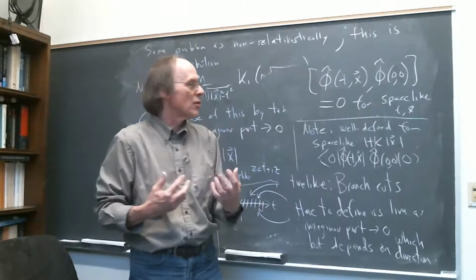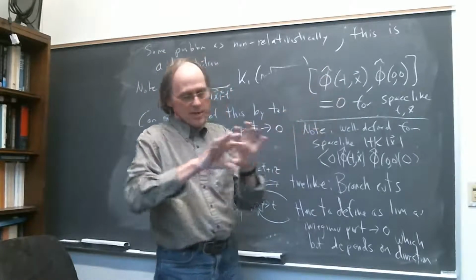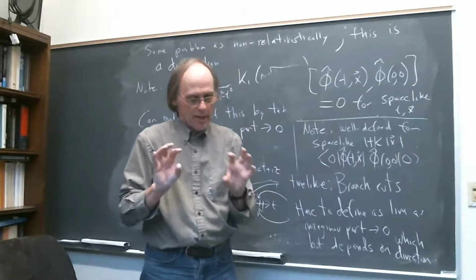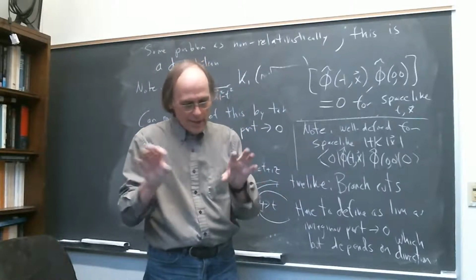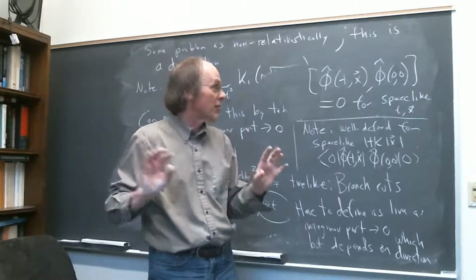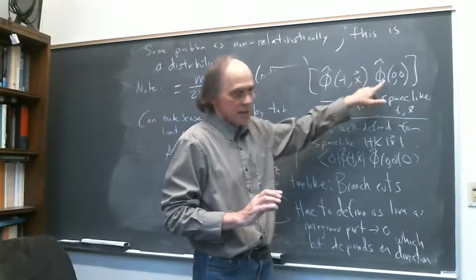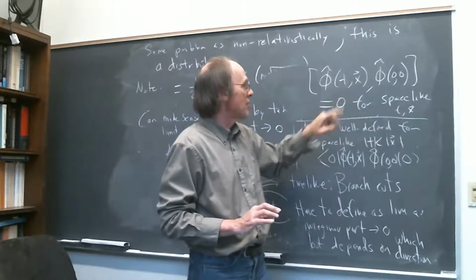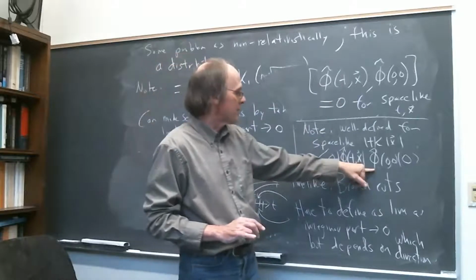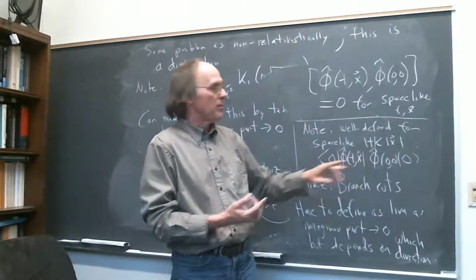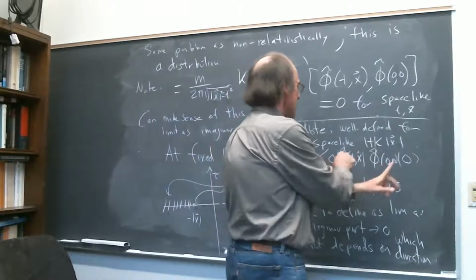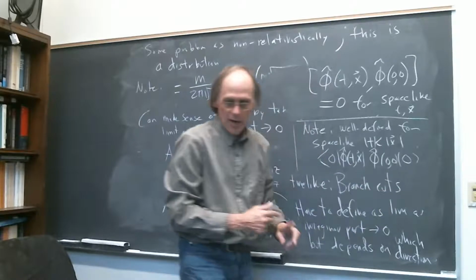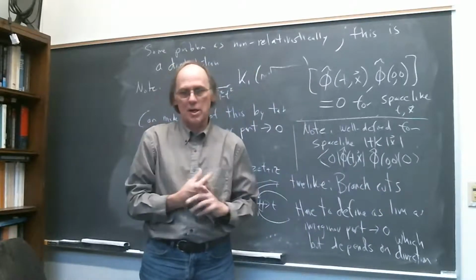So the general principle is that even in an interacting field theory, we believe that operators at space-like points have to commute, and it actually works out here. But the way it works out is not by this being 0, but by this guy being non-zero, while if you compute him in the opposite direction, you get the same thing with a minus sign.